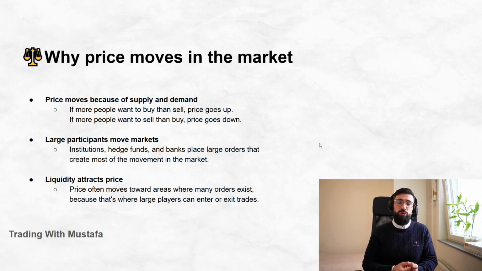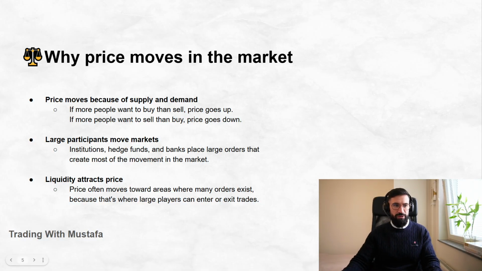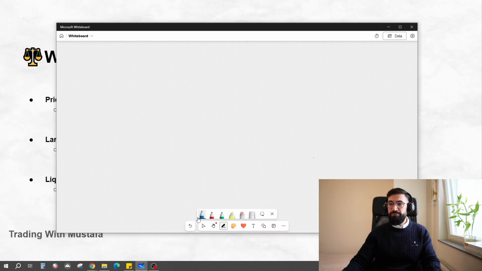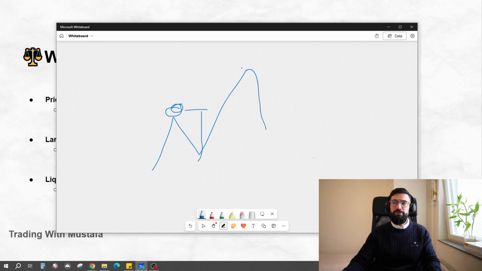To my next point, liquidity. Liquidity attracts price. I want to draw this a bit. This is where liquidity lies. And this is what the banks and institutions want to do. They want to go up and take those people out, because there is nobody in the world that has a long position right here, because the market shifted to the other side.